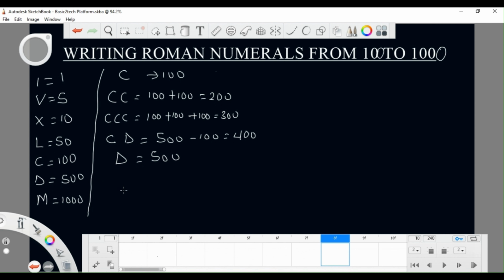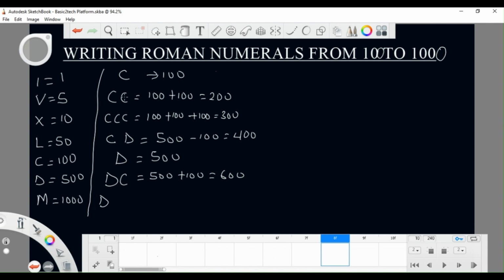For 600, now we can add 100 to 500. So if we are adding, it means that the large symbol D will come before the small symbol. So we have DC. Because the large symbol comes before the small symbol, we add, so it is 500 plus 100, that is 600. For 700, we can do the same thing, D, which is 500.